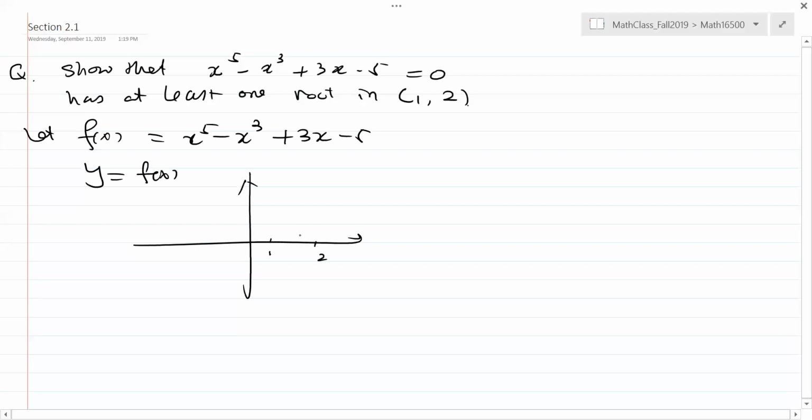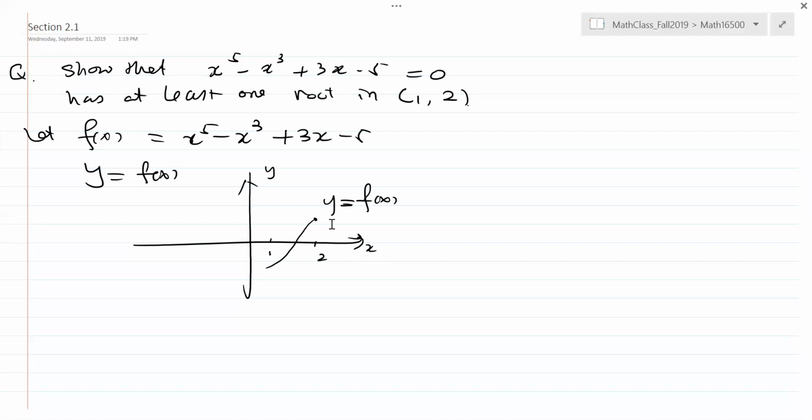This is a graph that will intersect with the x-axis at at least one point, right? So this is y equals f of x. You have to prove that this graph intersects the x-axis at at least one point between 1 and 2. At that point is a root.